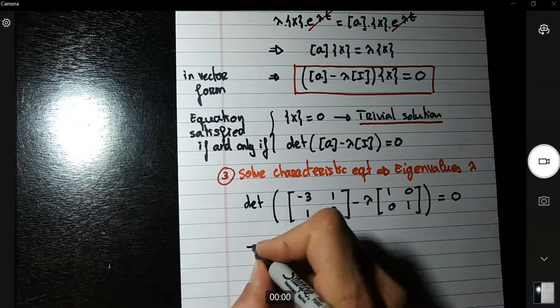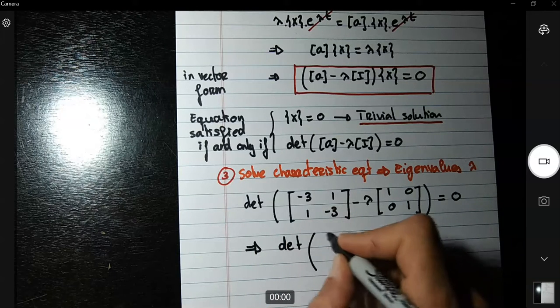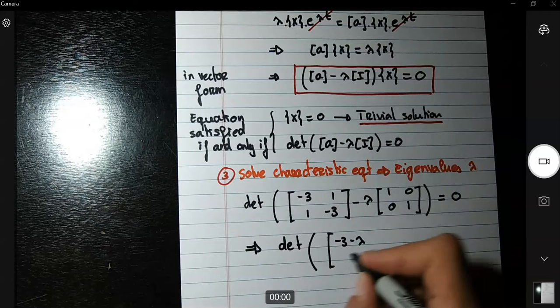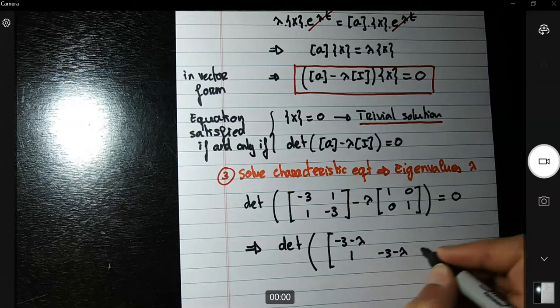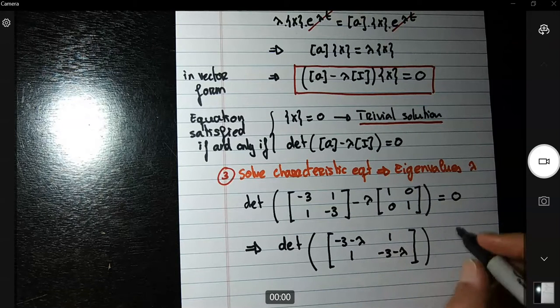So this actually gives the determinant of -3 minus lambda, 1, 1, -3 minus lambda.